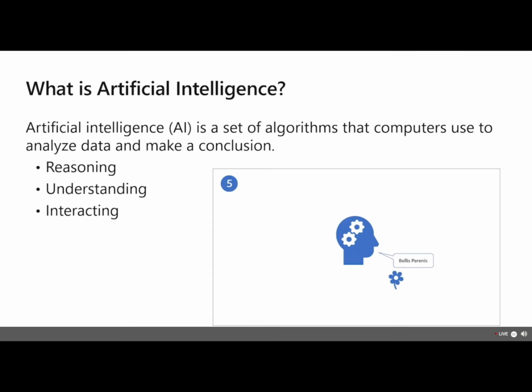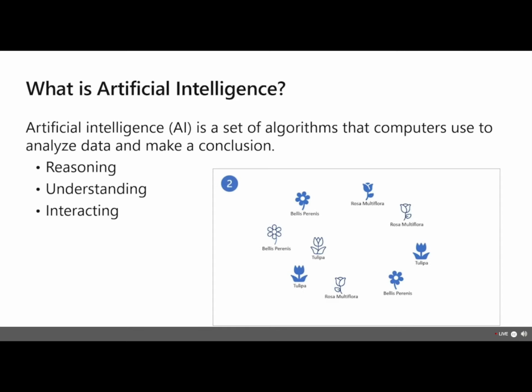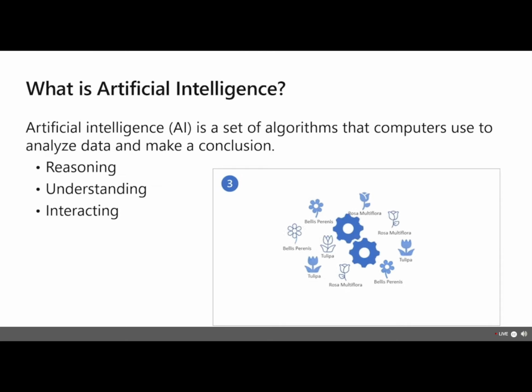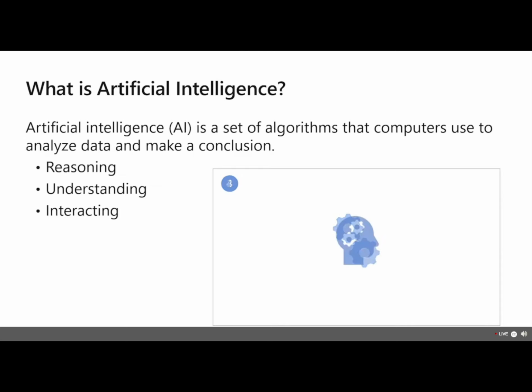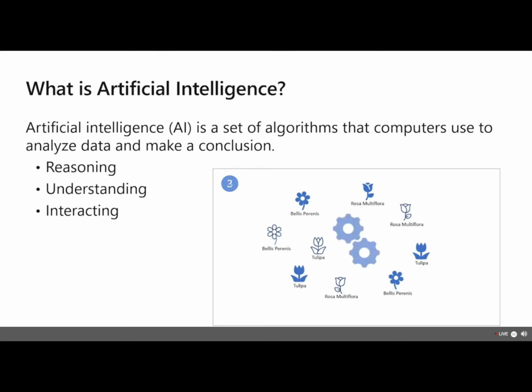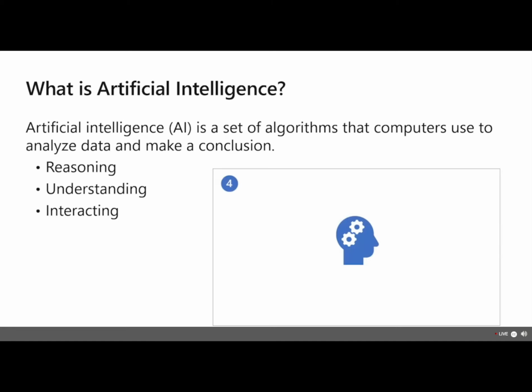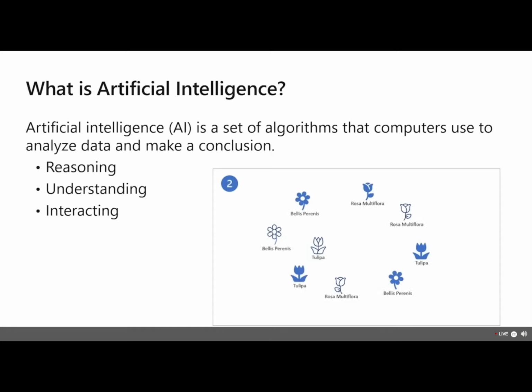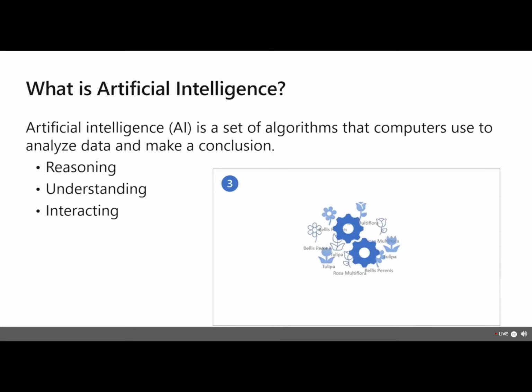Well, the animation you see on your screen shows how machine learning can be used to enable this scenario. So first, we have our team of botanists and the data scientists who are collecting the sample of the wildflowers. Then they're labeling them. Once they label them, they're using an algorithm to process the relationships. Then it's actually creating this model. So when new samples are found by volunteers, the model can identify the correct species and then apply that label.